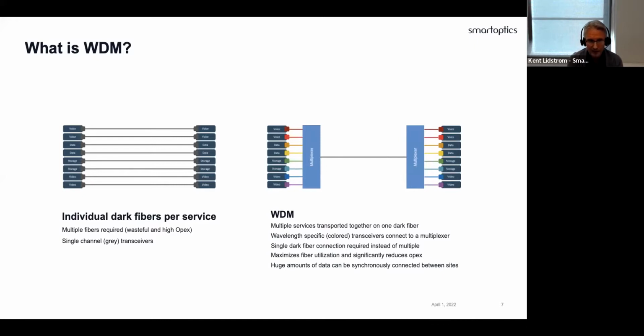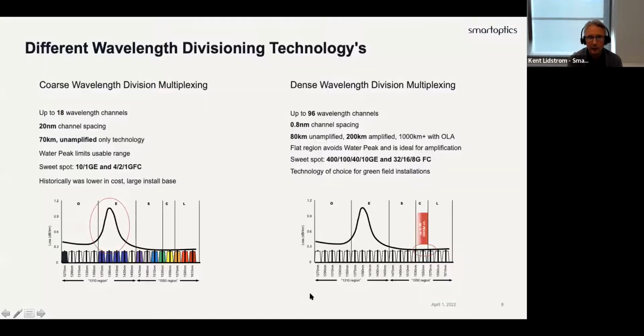And if we jump to the next slide, there are different types of technologies around wavelength division multiplexing. You have CWDM, or coarse wavelength division multiplexing. That was very commonly used maybe 10 years ago for bit rates up to 10 gig. Beyond that, it doesn't scale very well.